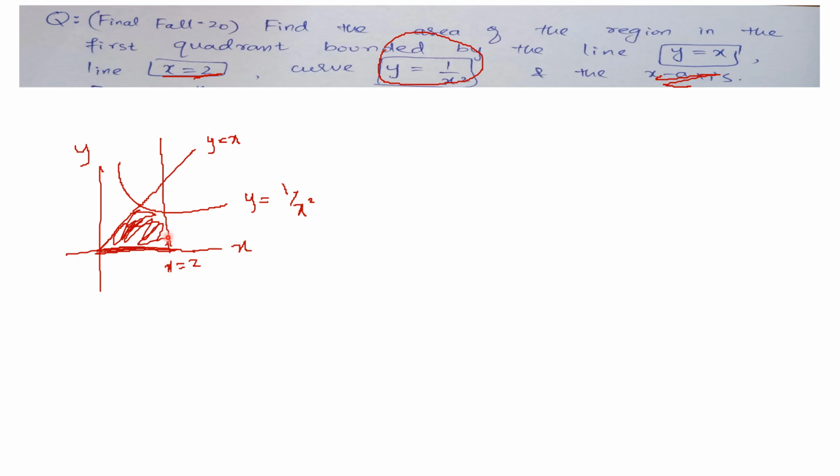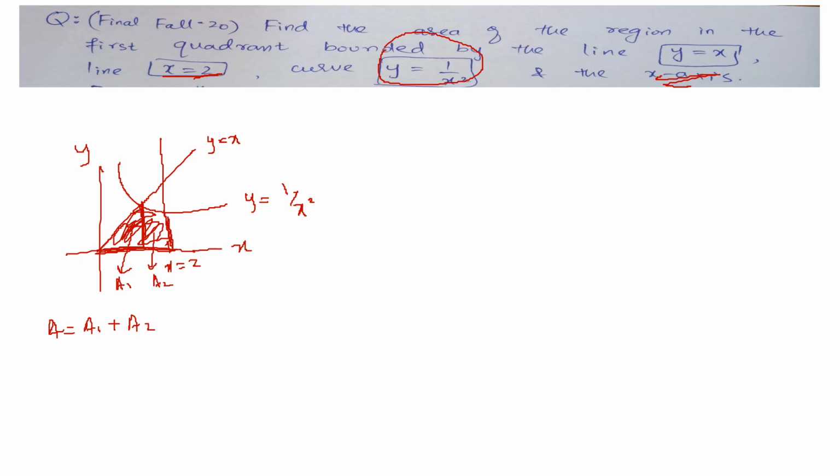Since the bound on the right hand side is given by x equals 2, which is the highest limit of integration, this means the total area A equals A1 plus A2, where A1 is the area of this region and A2 is the area of the second region.